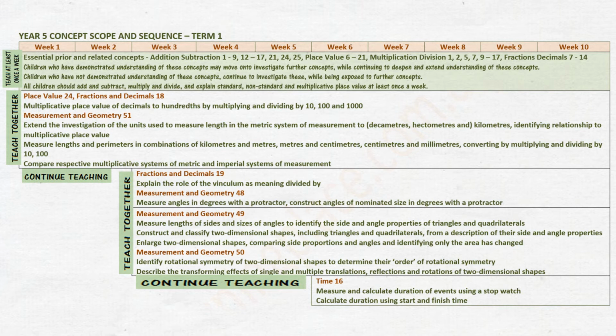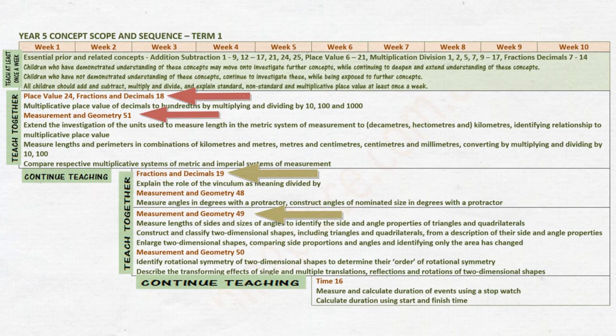For example, multiplicative place value of decimals to hundredths by multiplying and dividing by 10, 100 and 1,000, and converting between metric units of measurement are all taught in the same time frame.